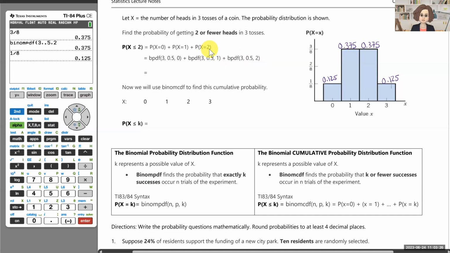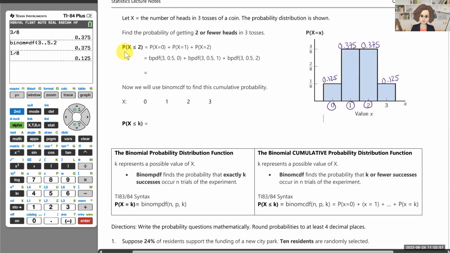So the switch now is, what if we wanted to find, instead of the probability that X is exactly 2, the probability of getting 2 or fewer heads when you toss a coin 3 times? On my graph down here, 2 or fewer would be 2 heads or 1 head or no heads. So I'd want to know those probabilities in total.